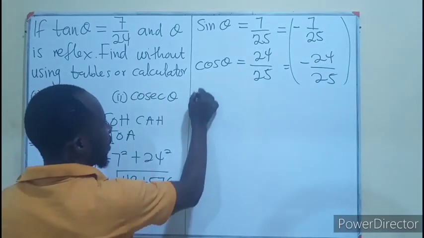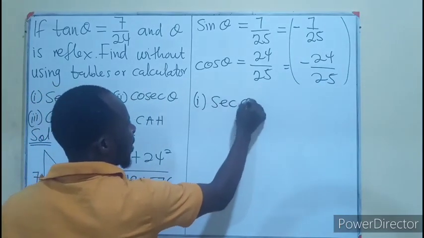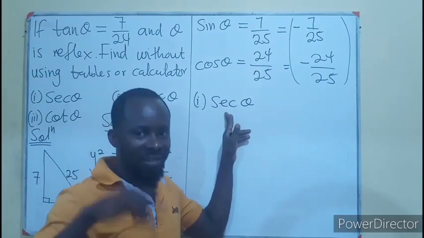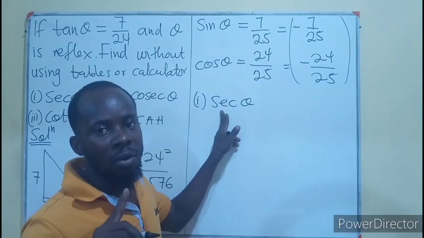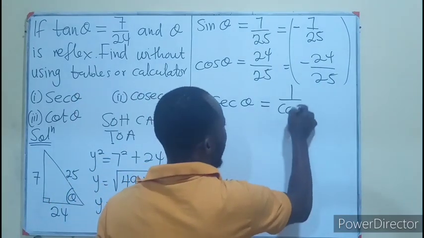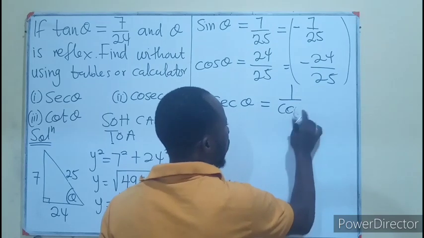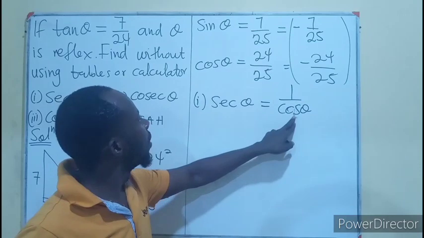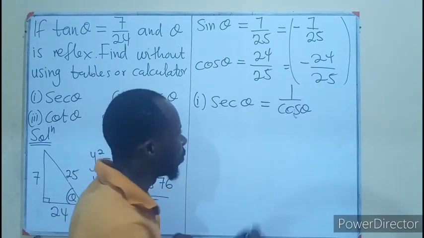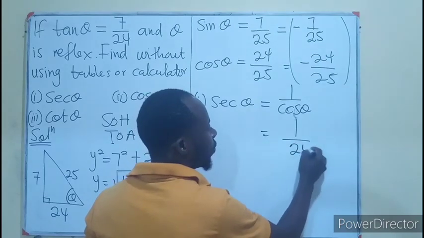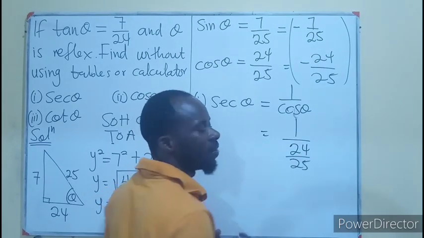So the first question, we have to find sec theta. I believe you know sec is the inverse of cos, right? So this is going to be 1 over cos theta. Whenever I see cos, I go in there and put the value. So this is going to be 1 over negative 24 over 25.